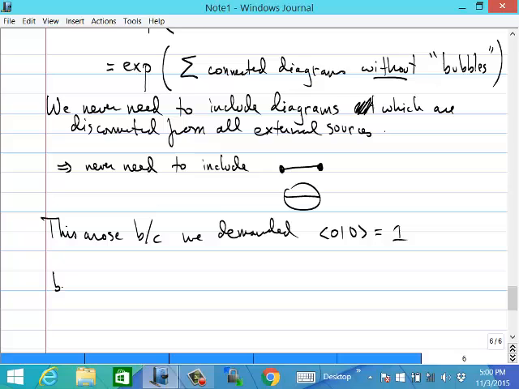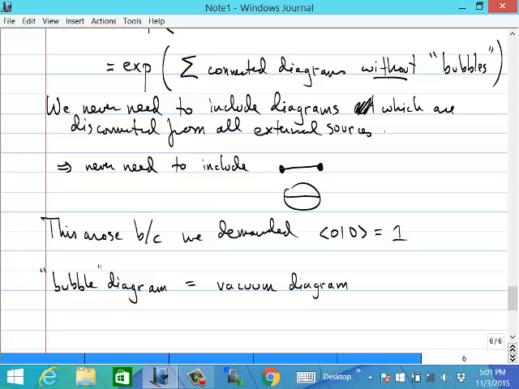A bubble diagram is the same as a vacuum diagram. People sometimes use different words for the same thing. Synonym, I guess that's what it's called. Good. Any questions on that?